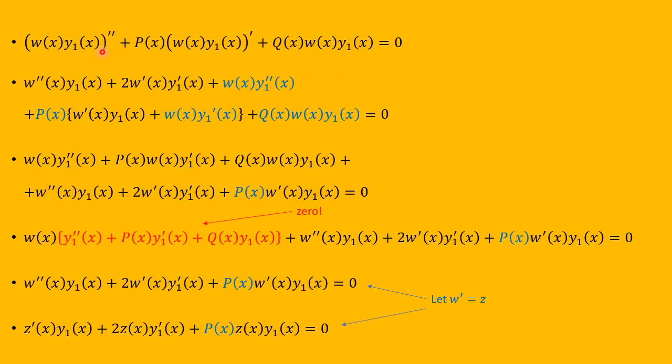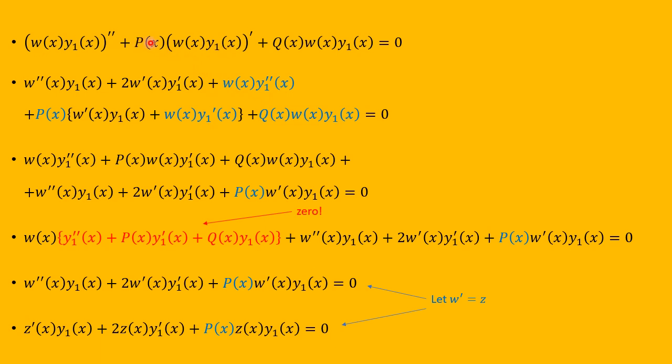Okay, well, if you take the second derivative of w times y1, what you get is w double prime times y1 plus 2 w prime y1 prime plus w times y1 double prime.